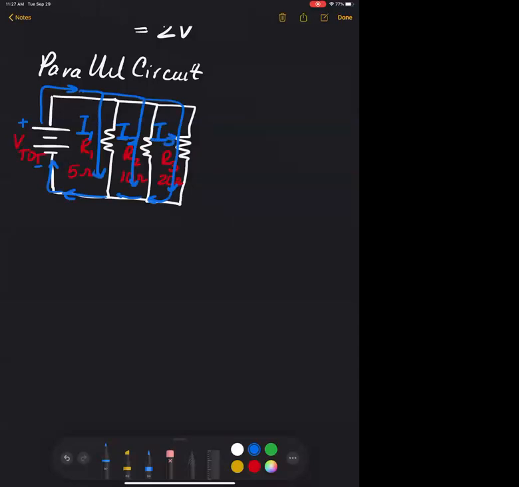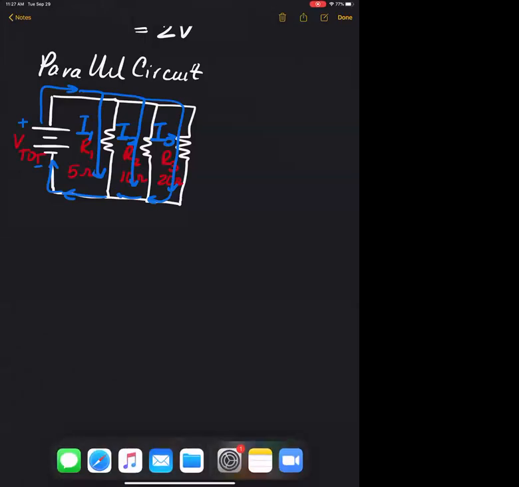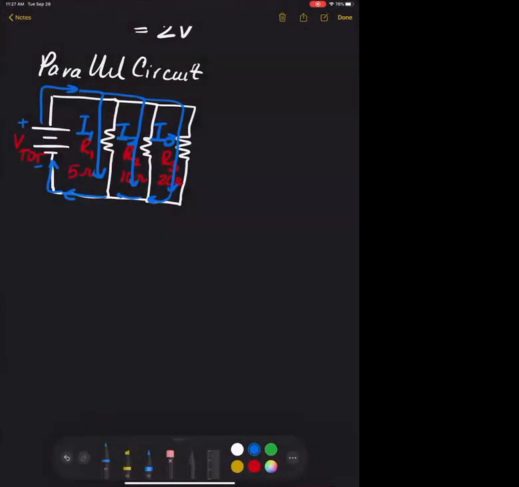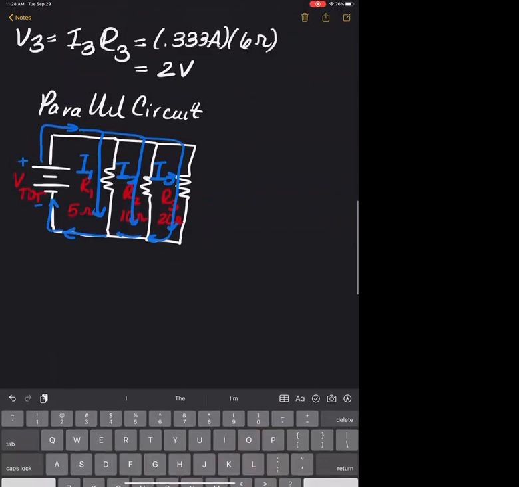Okay, so remember, in parallel, the voltage is the same across each one. And you'll notice here that the voltage is the same. Notice how this battery is connected across each one of these.